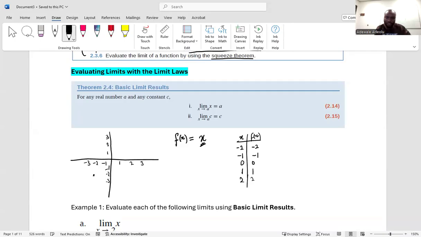When x is -1, y is -1. When x is 0, y is 0. When x is 1, y is 1. When x is 2, y is 2. We have a straight line.